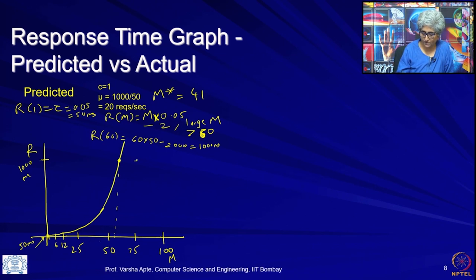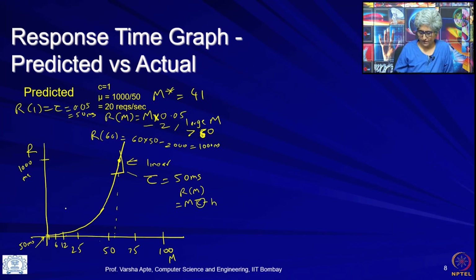Where this part is linear and the slope is going to be tau, right, which is 50 milliseconds, the slope should be 50 milliseconds because R at this point is equal to m tau minus h, tau is the slope. Okay. So, we have made our theoretical graph, let us see how it matches with the actual measurement.